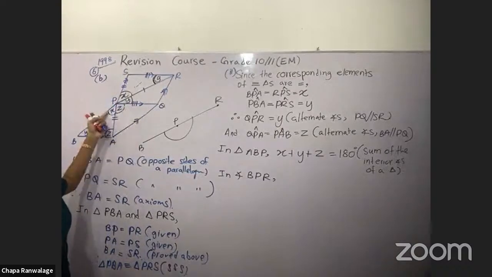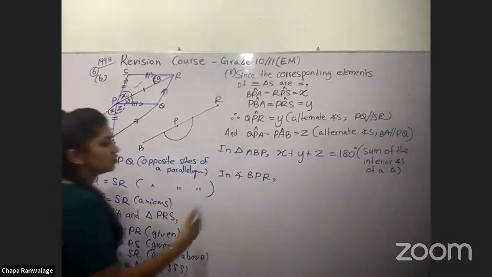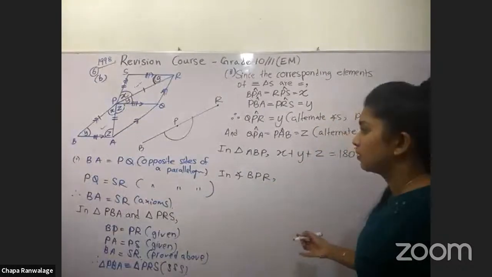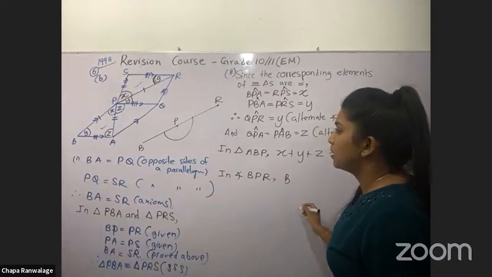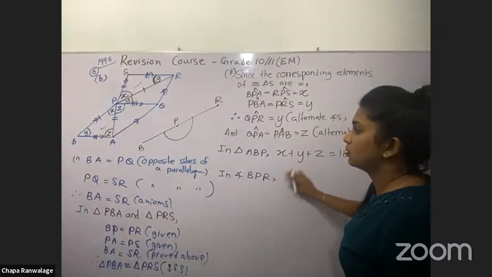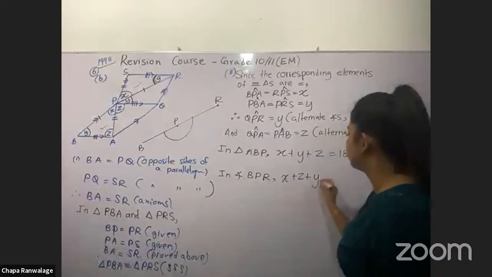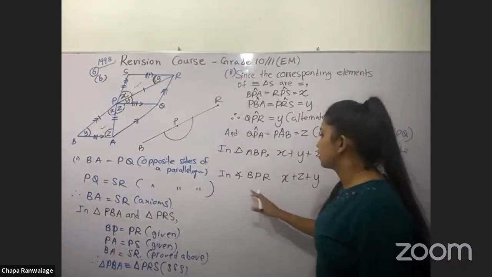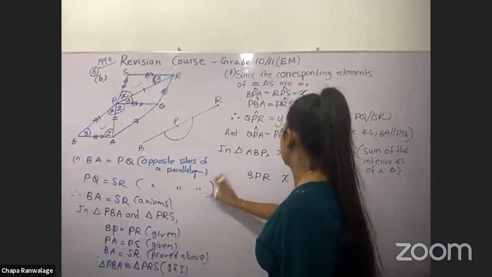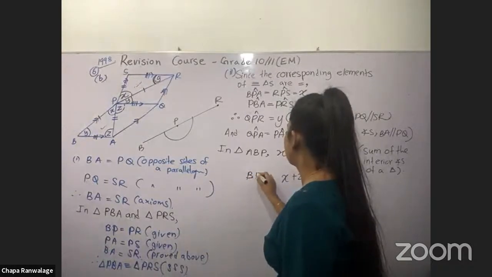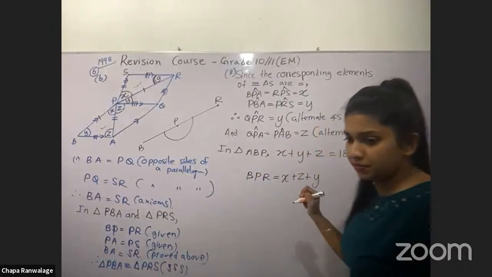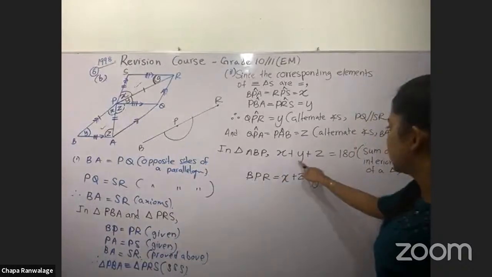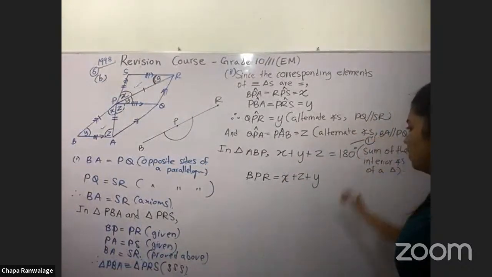This is x plus y plus x plus z plus y. Correct? So you can say x plus z plus y. That's here, BPR equals x plus y plus z. So here you know x plus y plus z. This is 1.